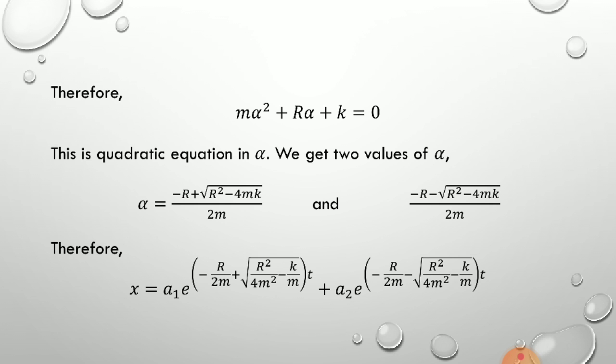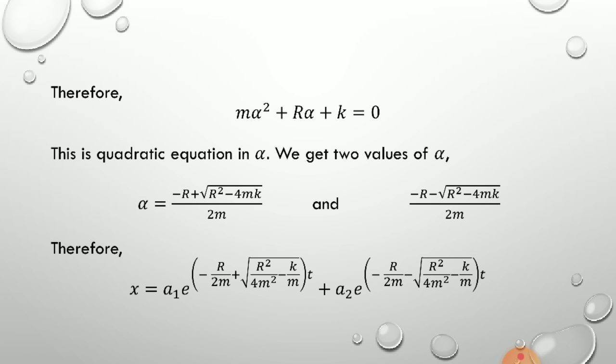Thus the main equation has two independent solutions, e raised to alpha 1 t and e raised to alpha 2 t, and the general solution of that equation is a linear combination of these two solutions, that is x is equal to a1 e raised to alpha 1 t plus a2 e raised to alpha 2 t.